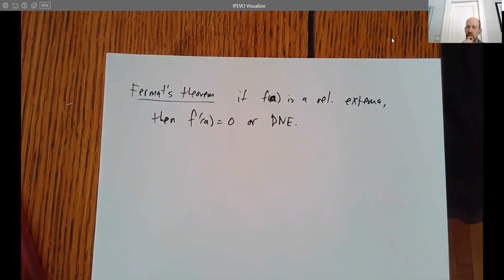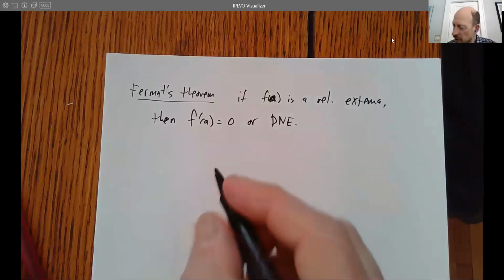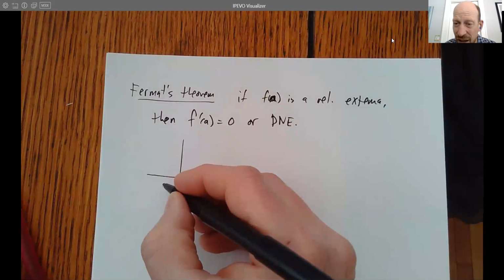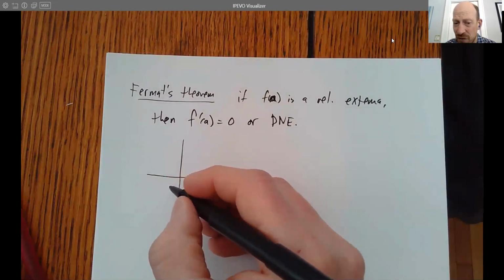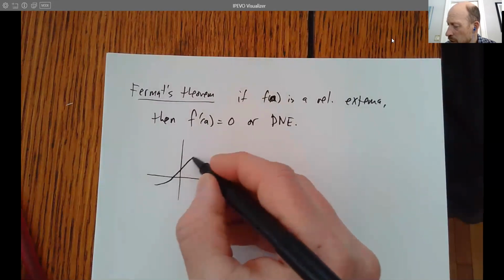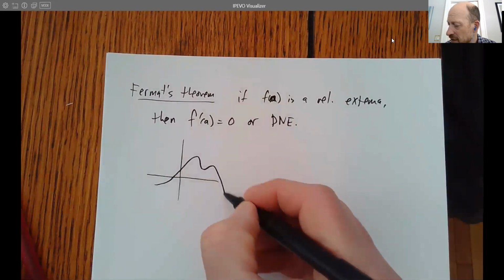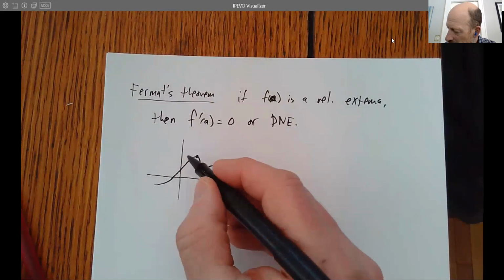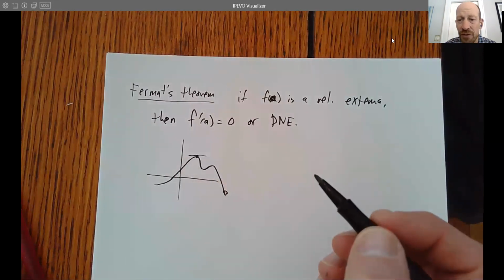way you can have a relative min or max is when the derivative equals 0 or the derivative does not exist. And visually, this does make sense, at least in specific examples, because if you have a function that looks like this, there's a relative maximum, and certainly that is a spot where the derivative is 0.